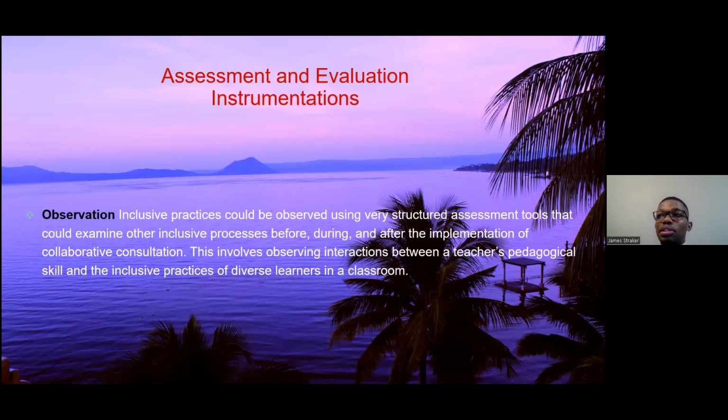And of course, if you would have implemented it during the collaborative process, the team decides that this is what we're going to try. We're going to see how this is going to work, because sometimes we don't have all the answers, and hence the reason why we research. And so with the observation now, we decided that this is what we're going to try.